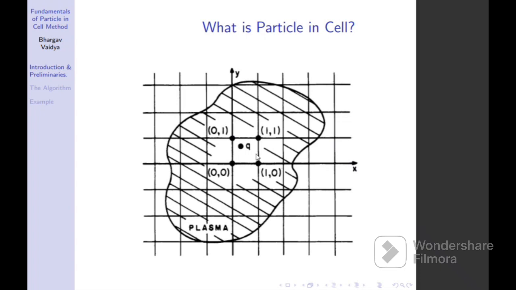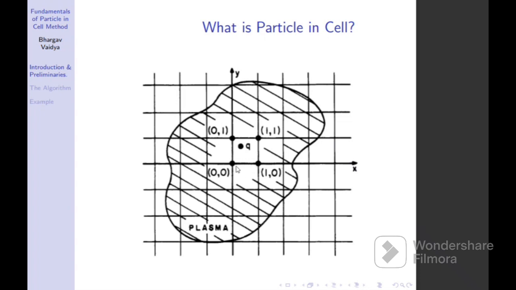But let us focus on one particular grid cell here. Okay. So this has the coordinates 0, 1, 1, 0, 0, 0. Then there's a charge Q here. Now this charge Q is just a particle of charge Q. It is not necessarily on the grid center or grid point. It is at some arbitrary point. But now this charge will contribute to the charge density here, here, here, and here.